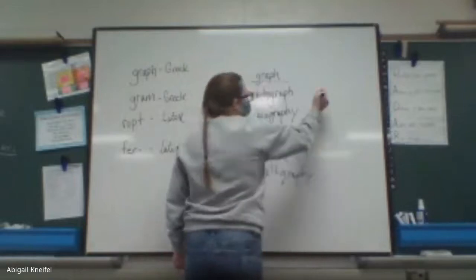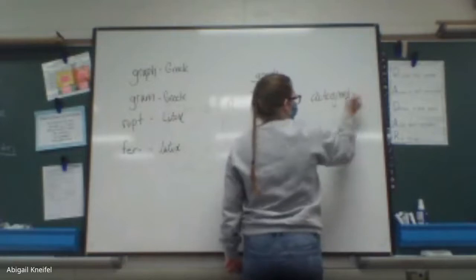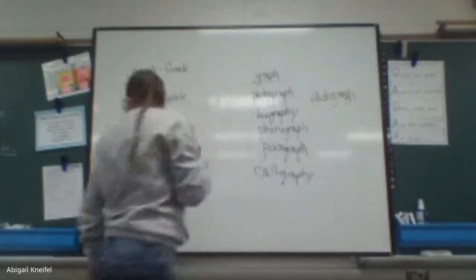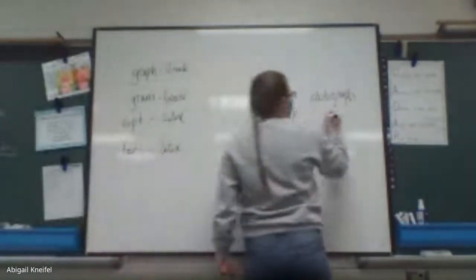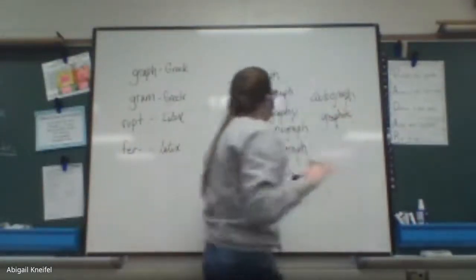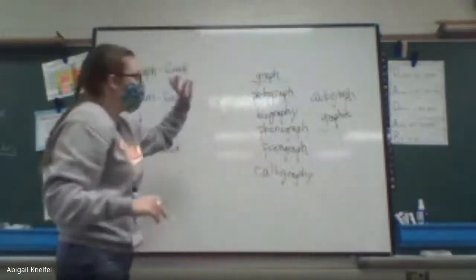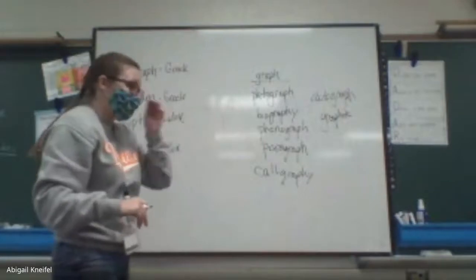How about autograph? Which has the auto, which we already learned this year. We have autograph, graphite, which is like the stuff in a pencil. All right, so graph. We have photograph, biography, phonograph, paragraph, calligraphy, autograph, graphite.